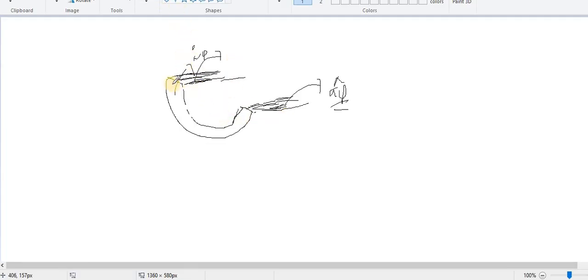See here, this is the cylinder. Suppose here it is rho 1 and here it is rho 2. One surface is here and another surface is there, and the direction is a phi.